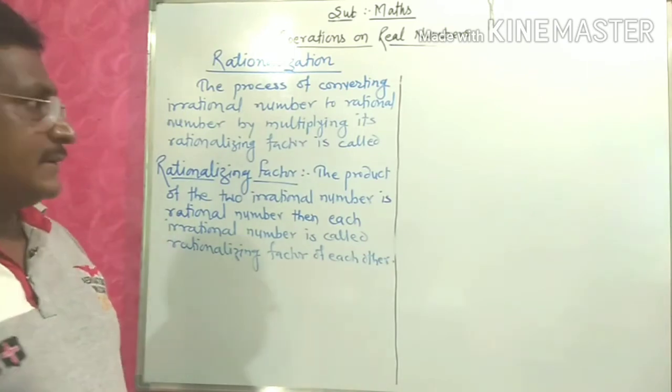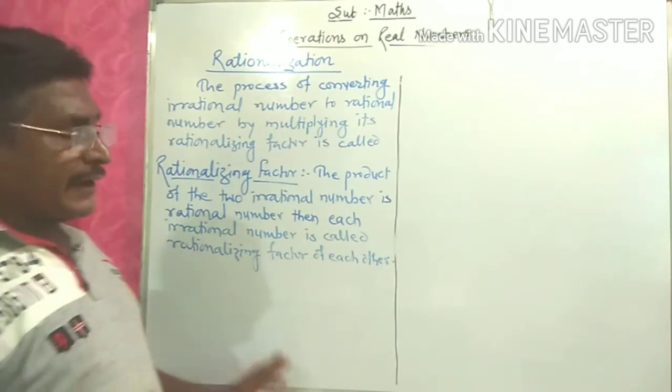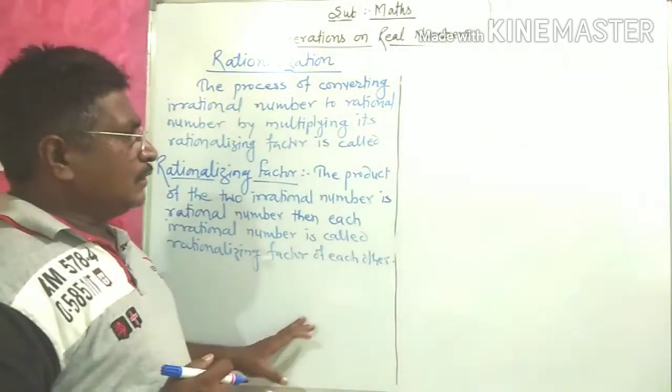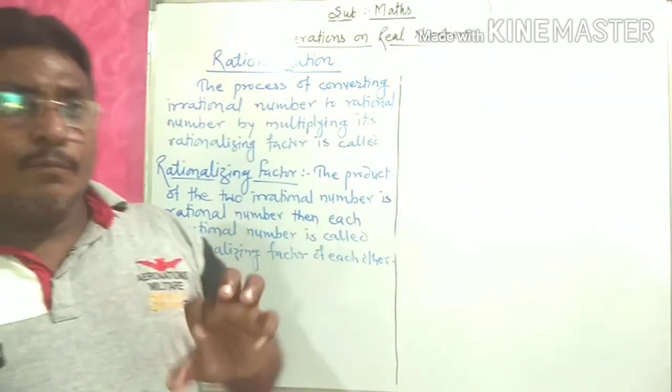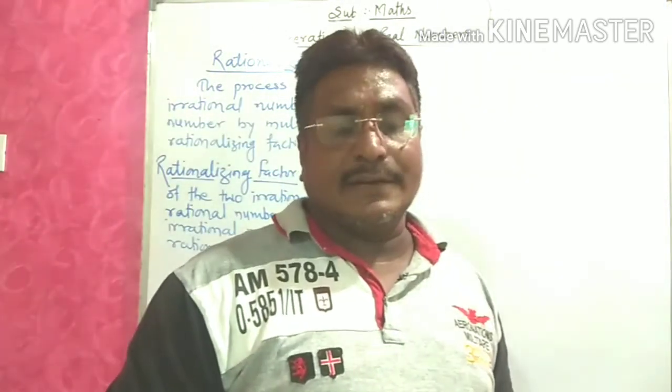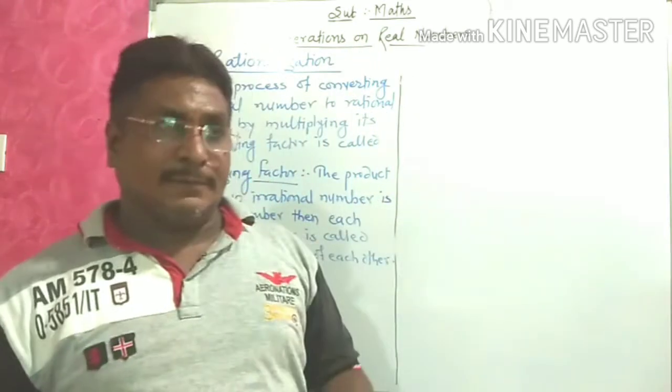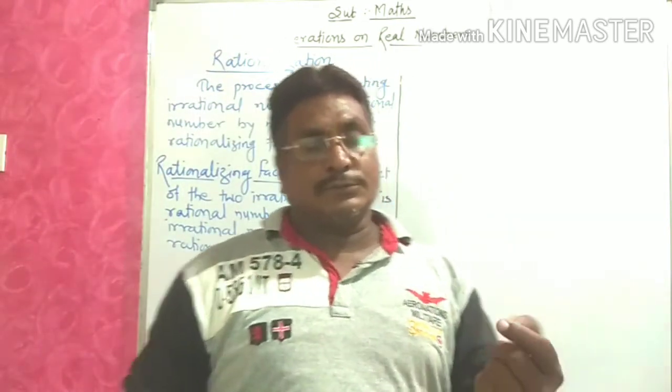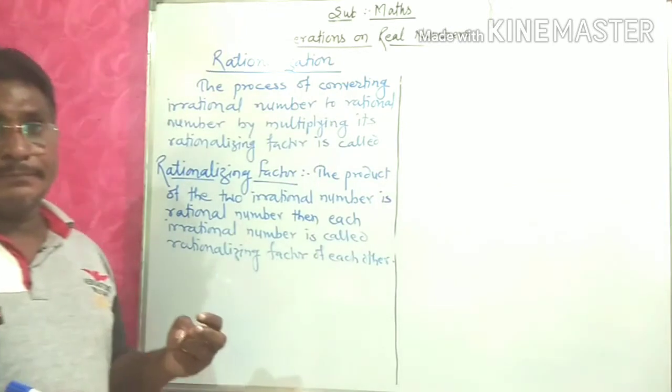So how is it found? For example, whatever monomial is there, monomial means single term, binomial means two terms. So according to that it will come.